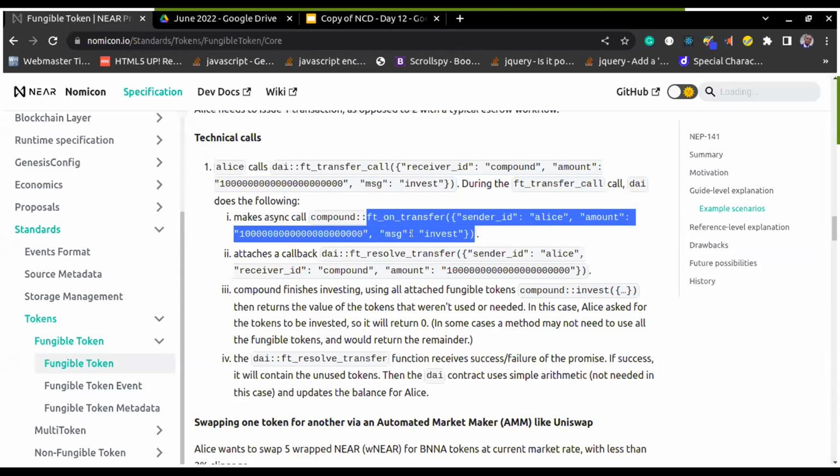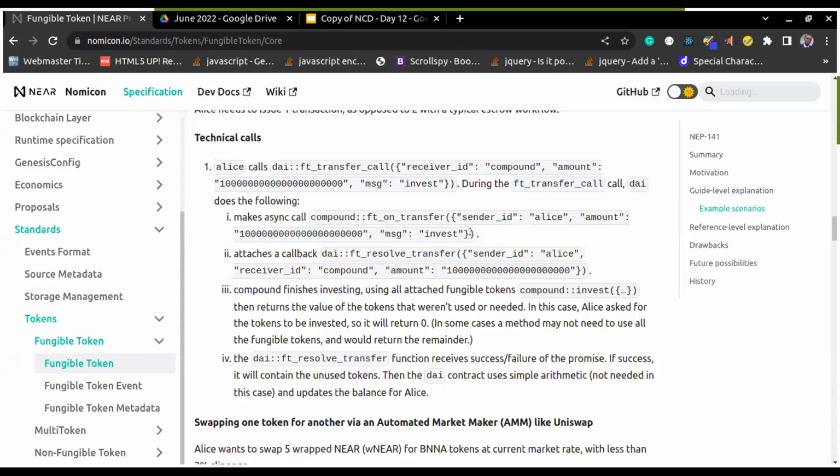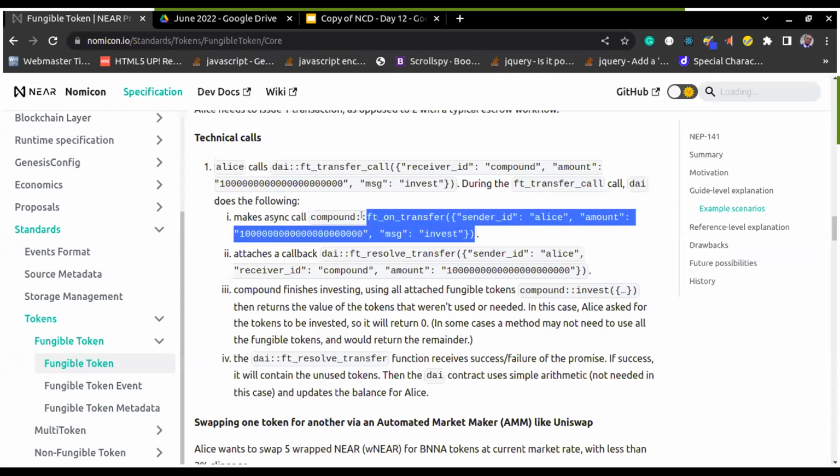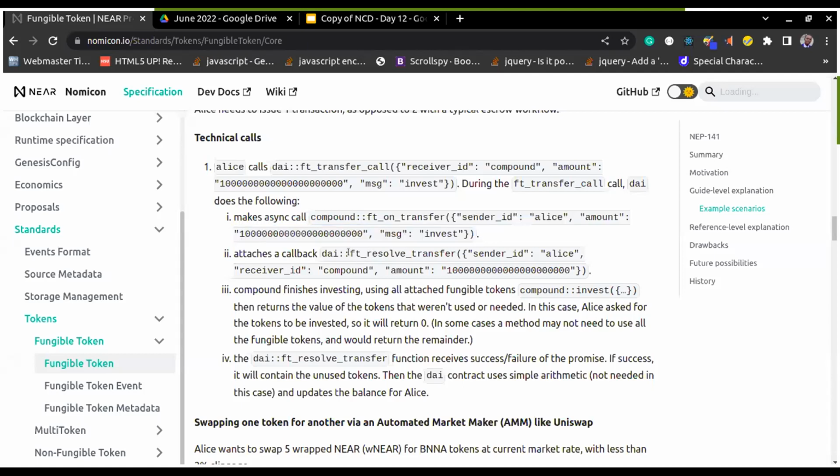Okay, so after the function we were calling in a cross-contract call responds with some data, there's a way we were processing that data further. So that is the same thing that is happening right here. So this function is basically going to respond with some value, and we are going to invoke a callback function, in this case, the FT resolve transfer function. And again, we're going to pass the sender ID, the receiver ID, and the amount to this particular function for us to be able to process it further.